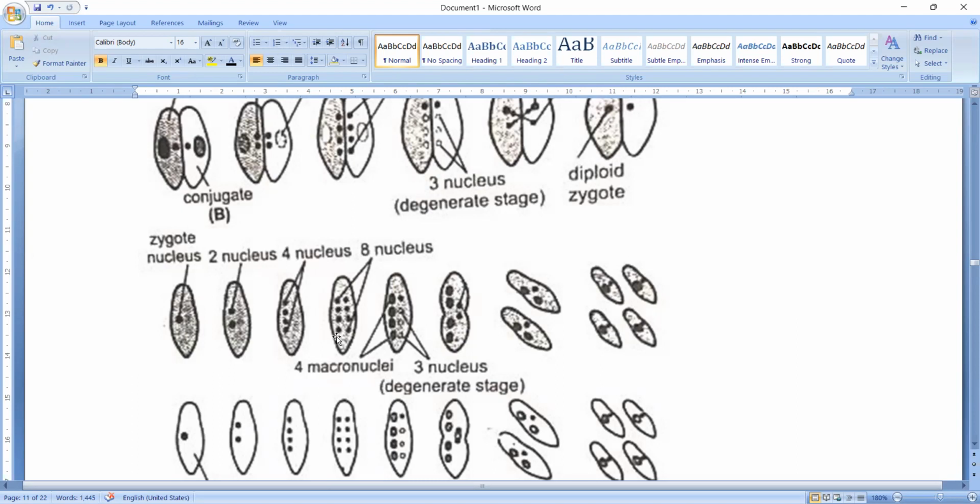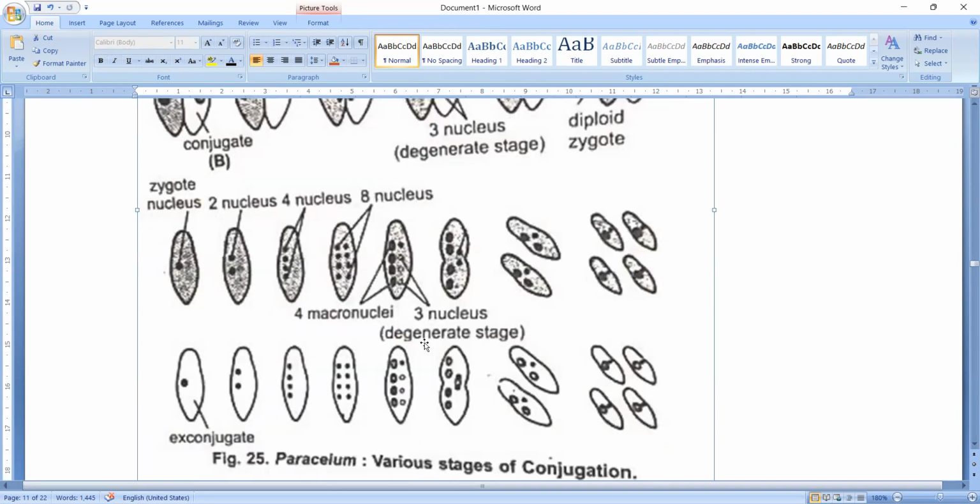Out of which only one micronucleus remains as it is.